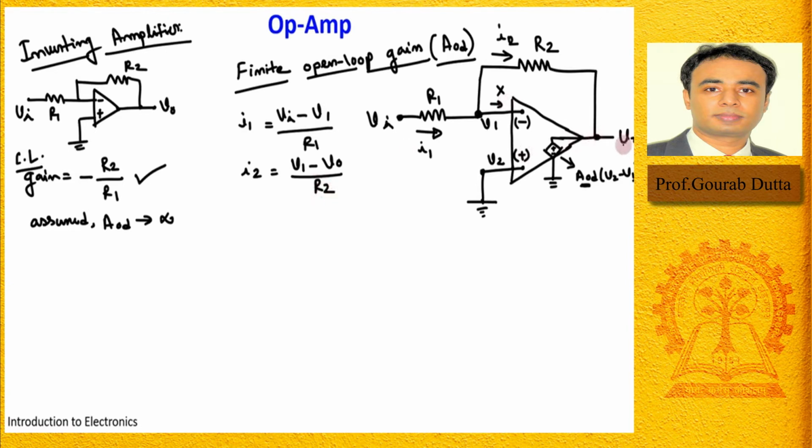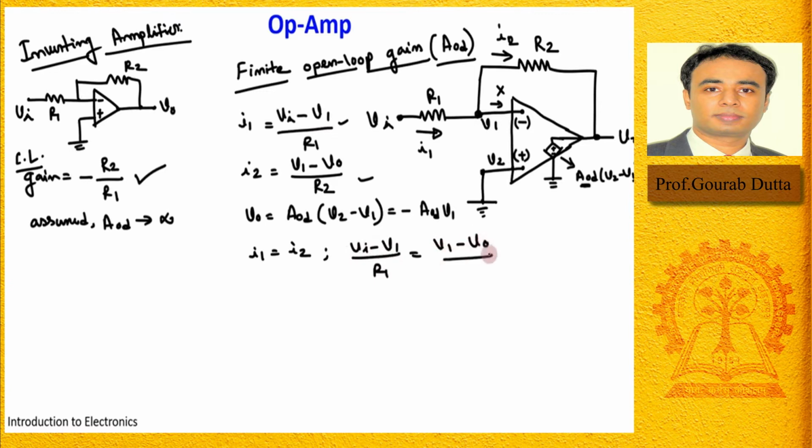Then what is this V0, the output voltage? From this equivalent circuit diagram, it is AOD into V2 minus V1. What is V2? V2 is 0, grounded, so it is minus AOD into V1. Now we know that I1 equals I2, so from this equation and this equation we can write that this equals V1 minus V0 by R2, isn't it?